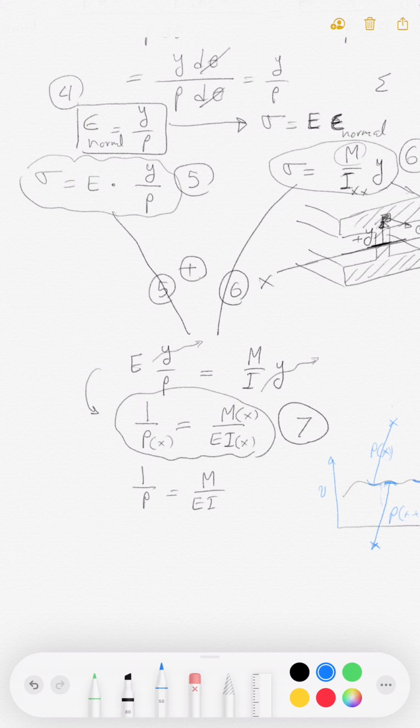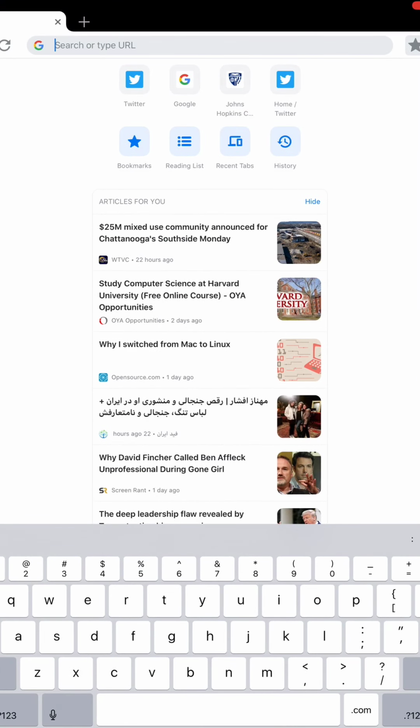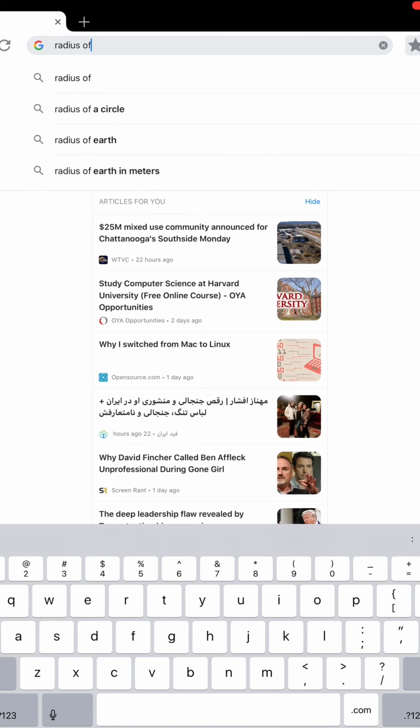Now we don't want to do calculus again, because we assume that this is a prerequisite. So I just use the end result of equations we derived in calculus. If I want to do that, all I need to do is to just go to Wikipedia and Google it and see what equation I get. So if I go to Wikipedia, let's do that, and I type radius of curvature.